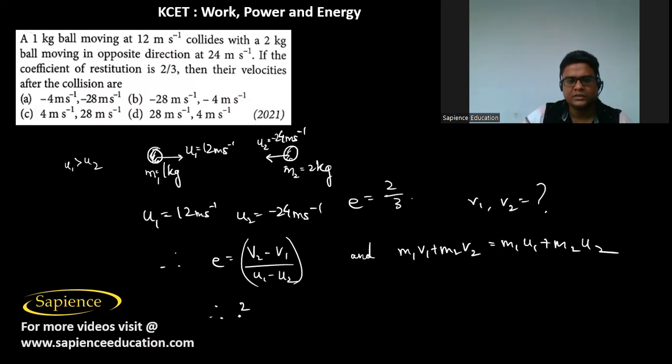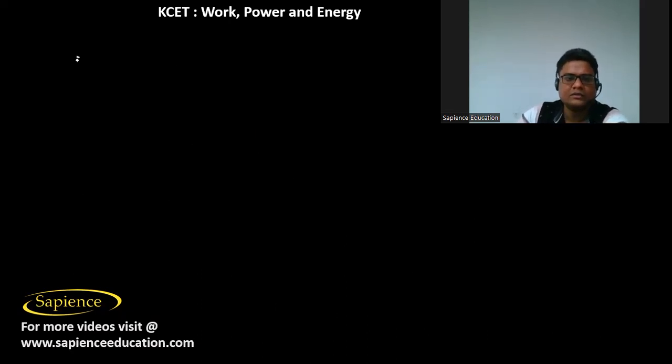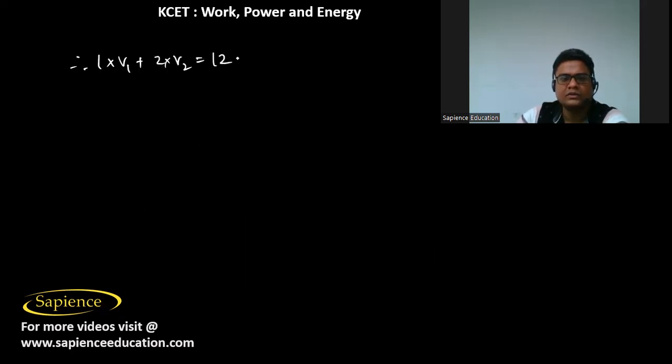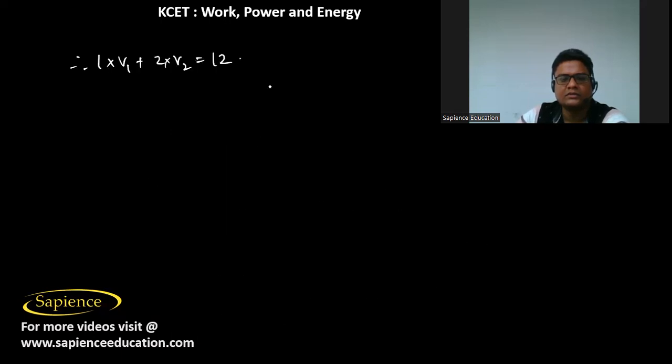Now, therefore we can say e, that is 2 by 3, will be equal to v2 minus v1 by u1, 12 minus of minus 24, so plus 24. So therefore v2 minus v1 is equal to 2 by 3 into 36, so this is 24. And therefore m1 into v1 plus m2 into v2 is equal to m1 u1, 1 into 12, which is 12, and m2 u2, that is minus 48.